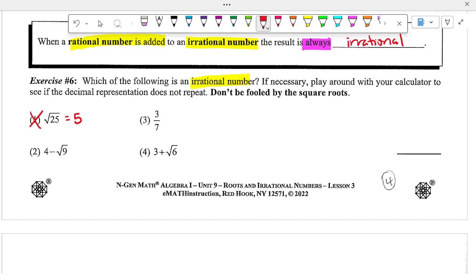What's another one I can eliminate? Why can I eliminate 2? Right, because what's the square root of 9? 3. So technically this is 4 minus 3, which is 1. And then someone else, what's the last one that we can eliminate?